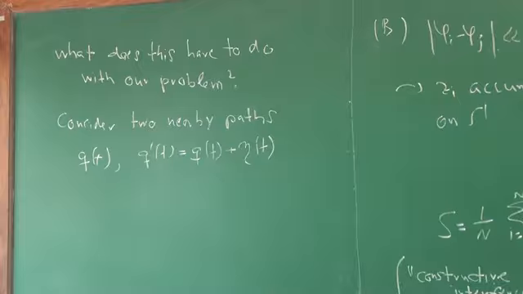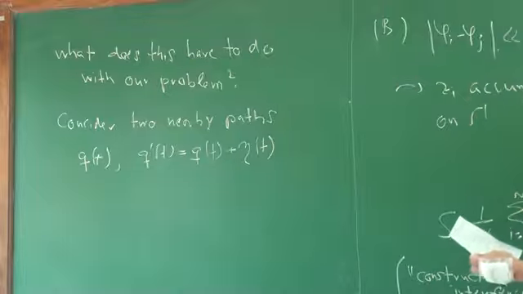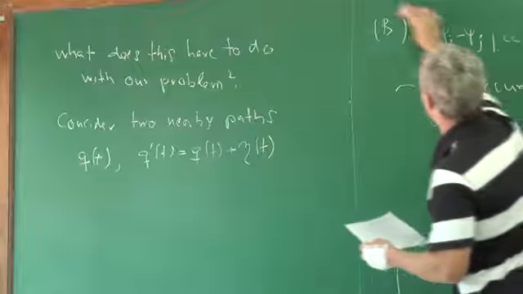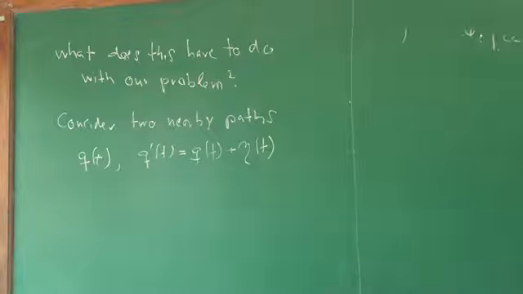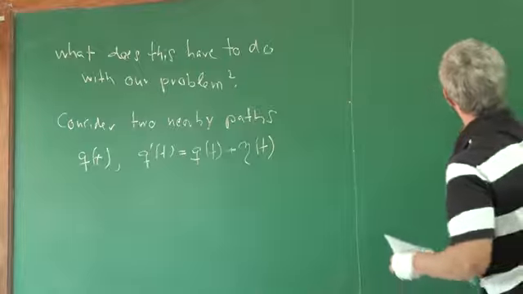So consider two nearby paths, and what we can now look at is the Taylor expansion of the action of the nearby path. We can expand it around one given path.